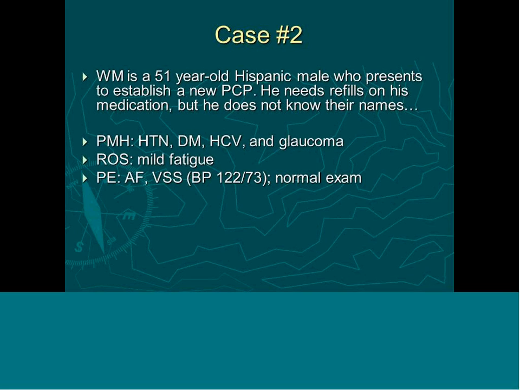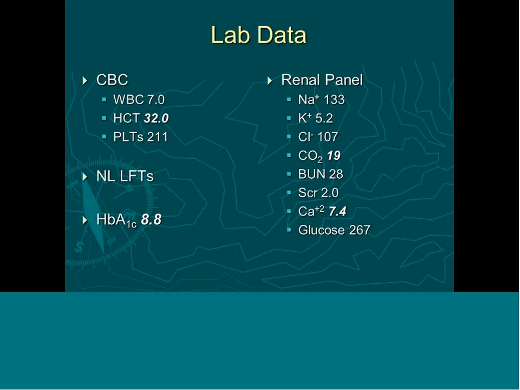Examination shows that he has no acute distress. His blood pressure is 122/73, which is normal. The labs are as follows: his white count is 7, his hematocrit and platelets are normal. Hemoglobin A1C is 8.8%, which is high.